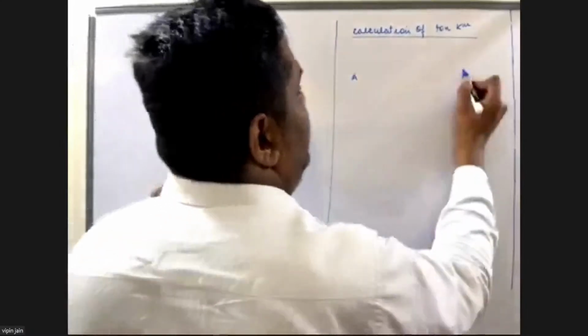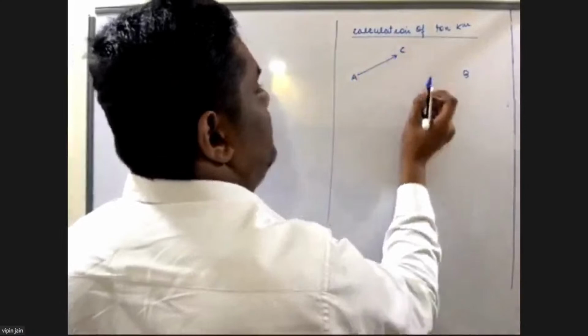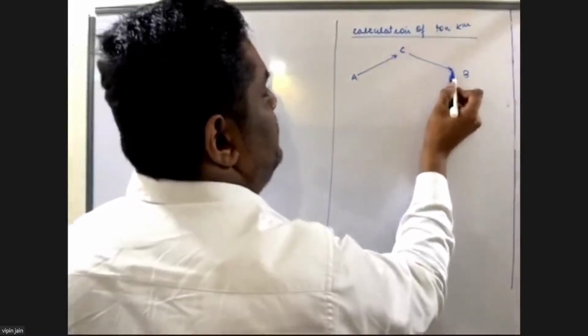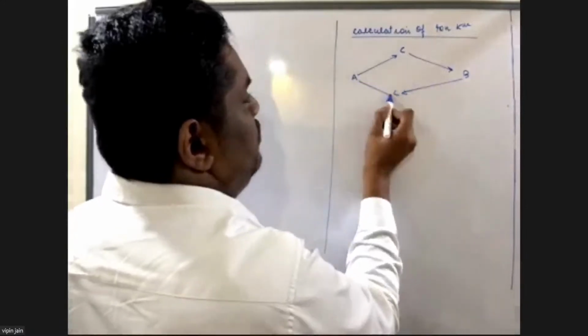So A and B and city C is there. So A to C, C to B. Again, it is coming back to C, and it is going back to A.